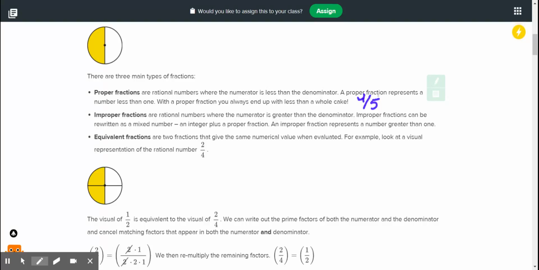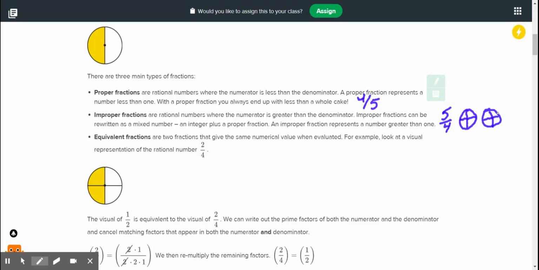An example of an improper fraction would be 5/4. If I had a pie and cut it into 4 pieces, I'm going to need another whole pie.